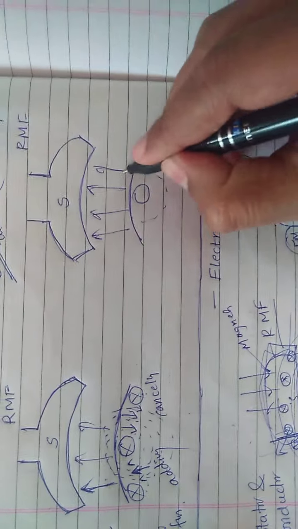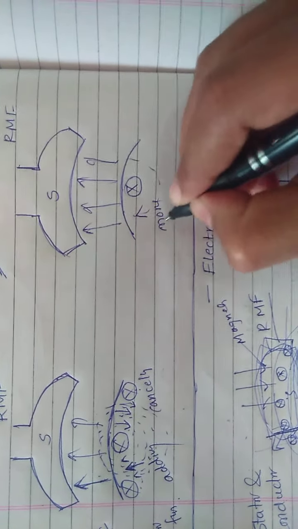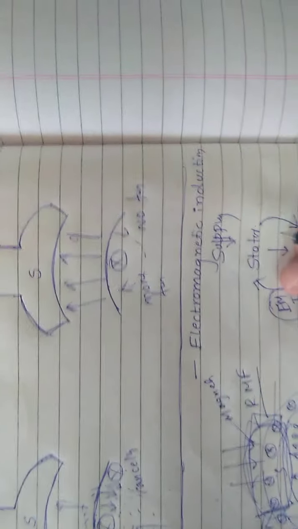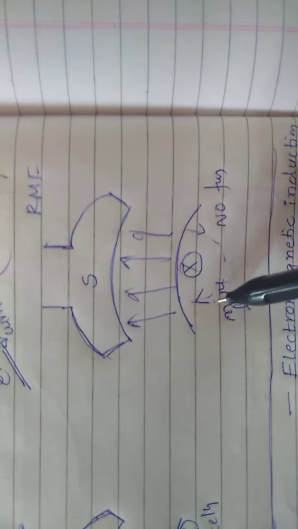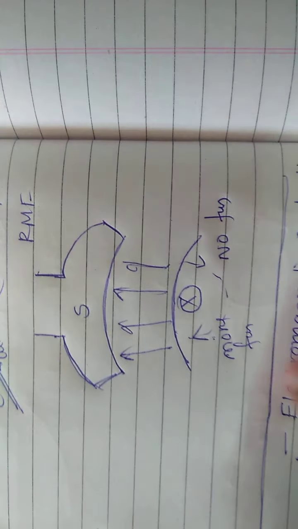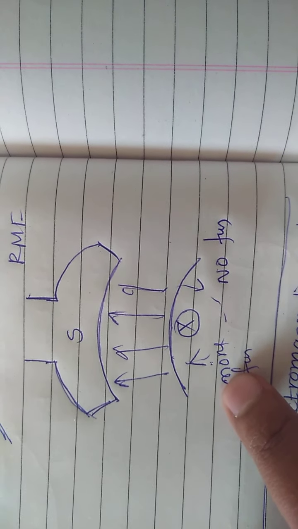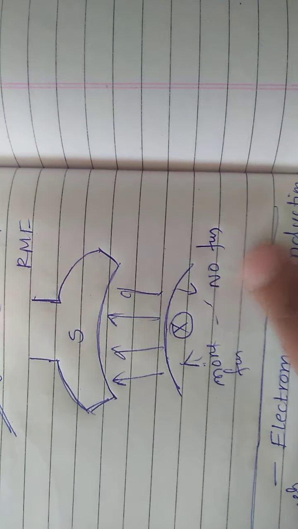So this side, more flux is present, and this side no flux. Now what happens here? The rotor starts rotating because there is more flux on this side and no flux on this side. More flux means more torque, more force, that makes the rotor rotate from the more flux area to the no flux area.